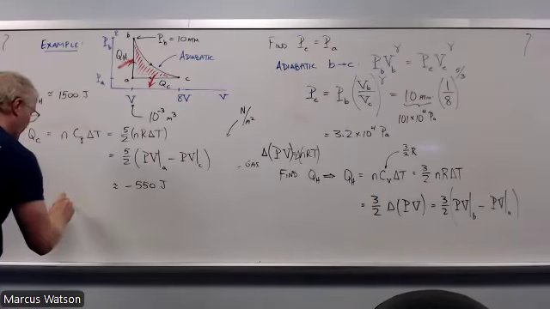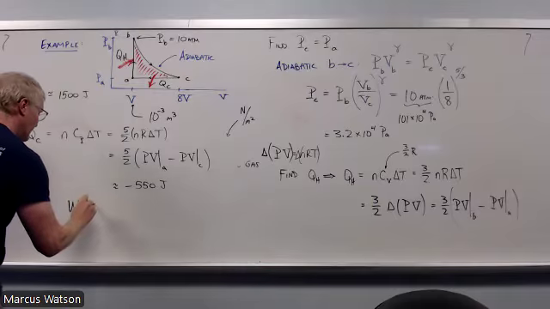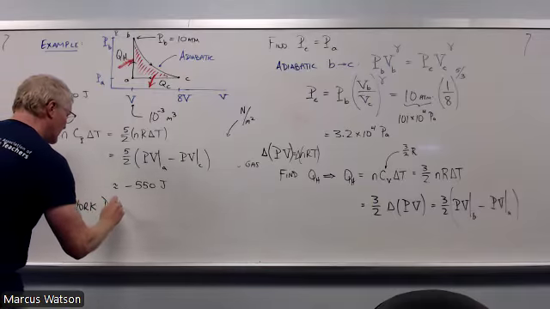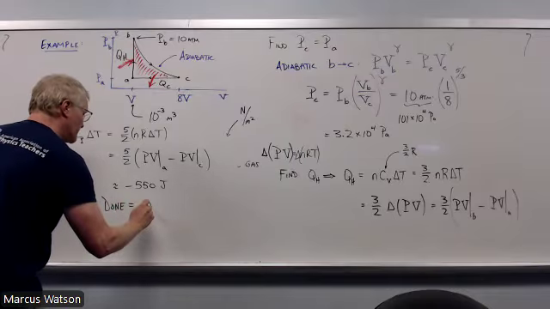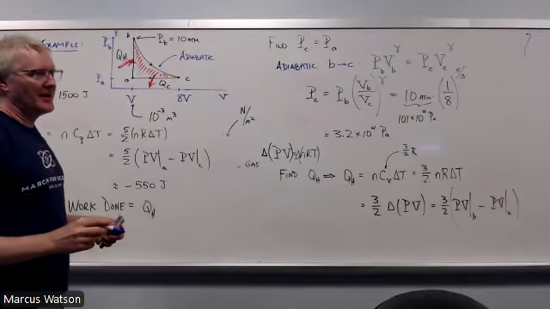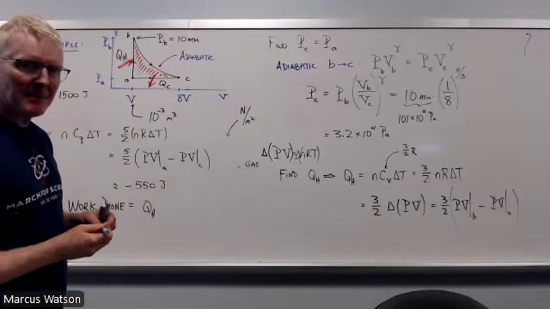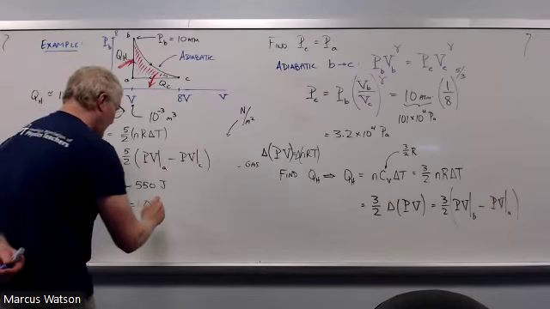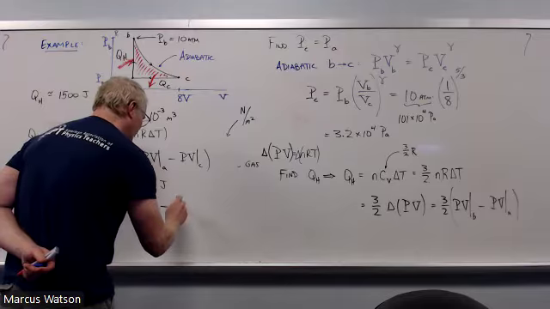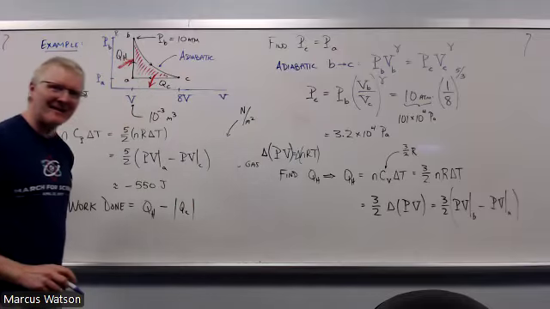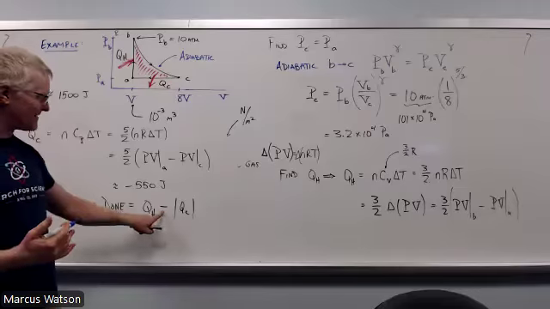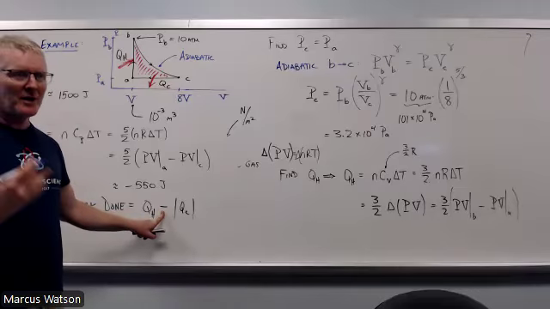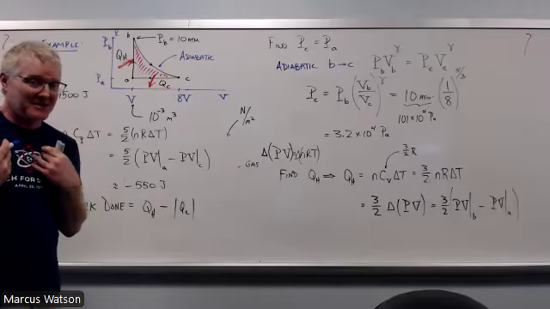Therefore, work done by this cycle should be equal to QH minus the absolute value of QC. I'm going to put this in absolute value bars, because I love this negative sign here. I want to see that negative sign. That's just me.